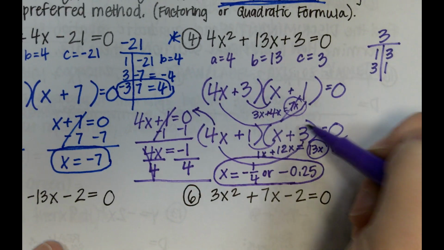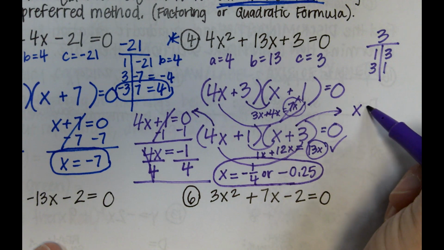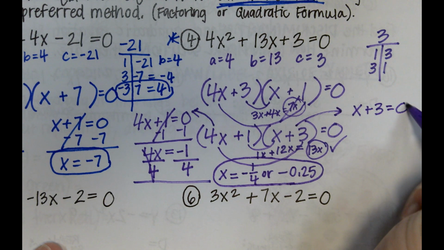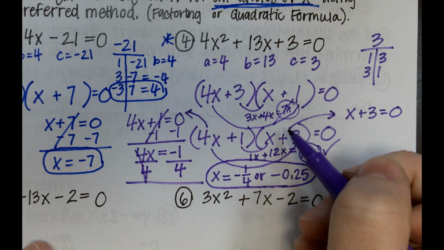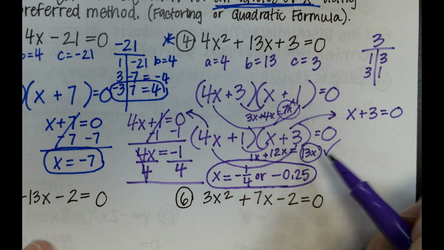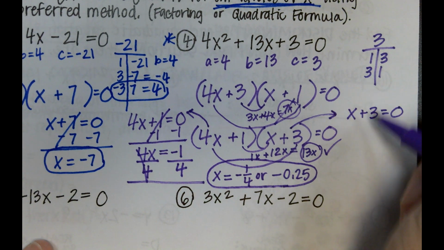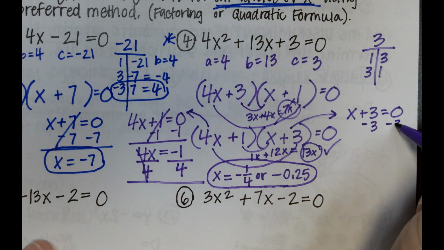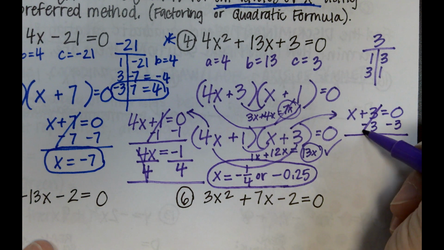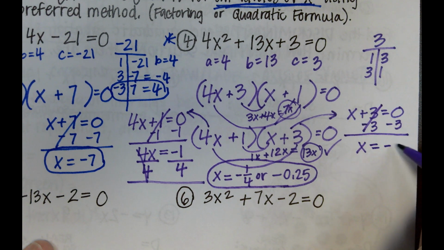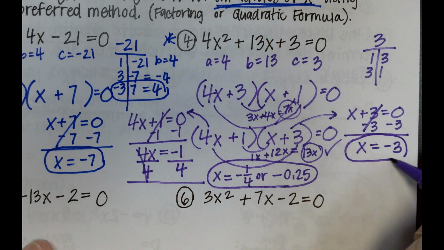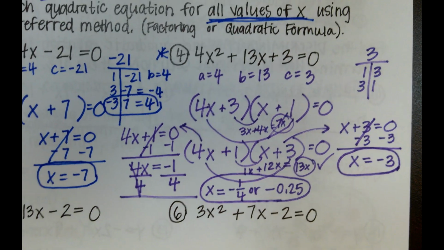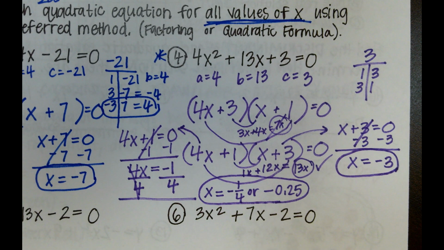And what about our second one? Good. X plus 3 equals 0. We just took that other part of the factor. And we subtract 3 from both sides to get x equals negative 3. All right, there's our 2 answers.